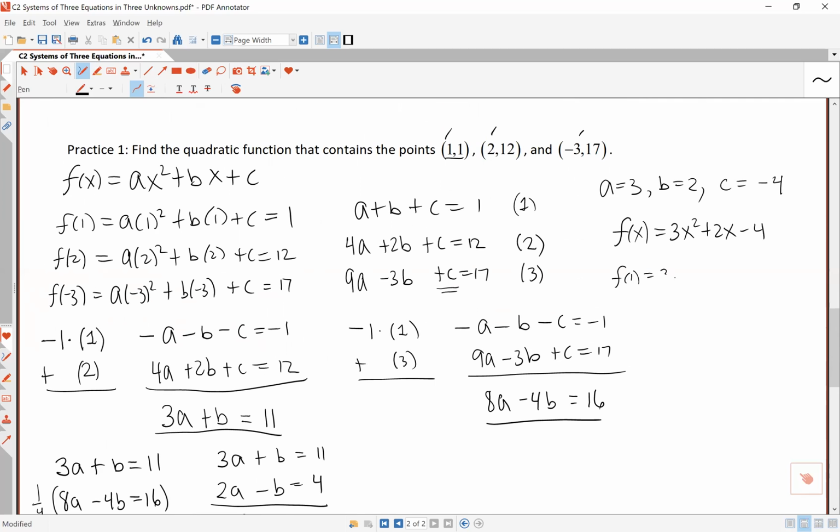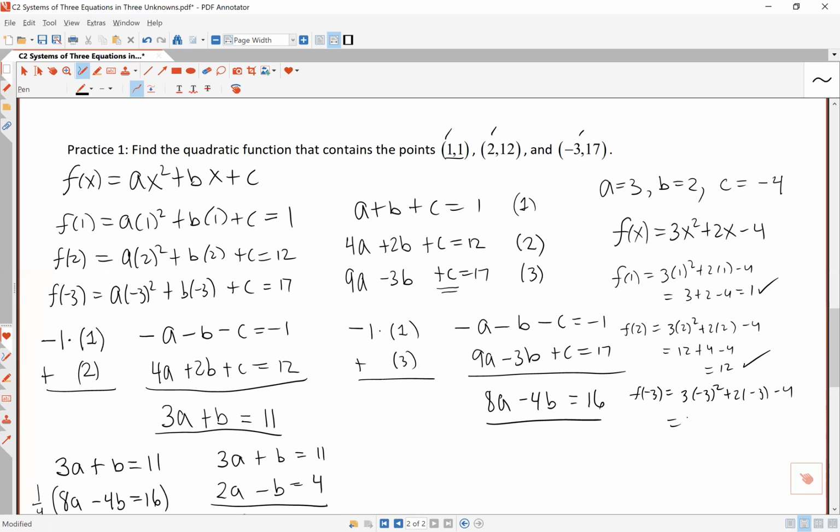f of 1 is 3 times 1 squared plus 2 times 1 minus 4. That's 3 plus 2 is 5. Minus 4 is 1. f of 2 is 3 times 2 squared plus 2 times 2 minus 4. That's 12. Plus 4 is 16. Minus 4 is 12. f of -3 is 3 times -3 squared plus 2 times -3 minus 4.